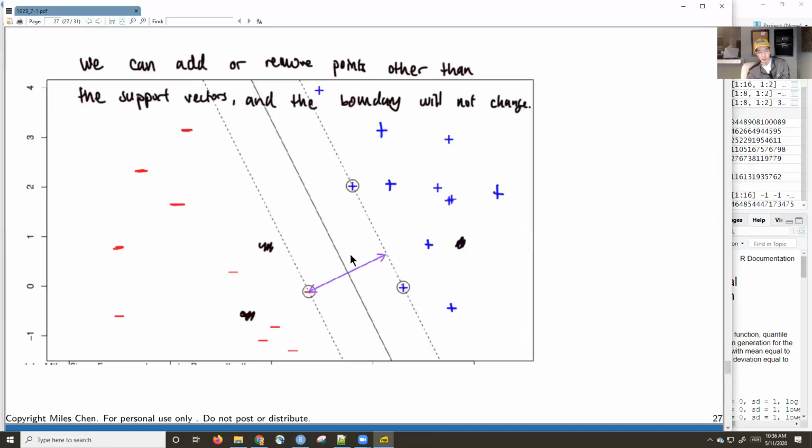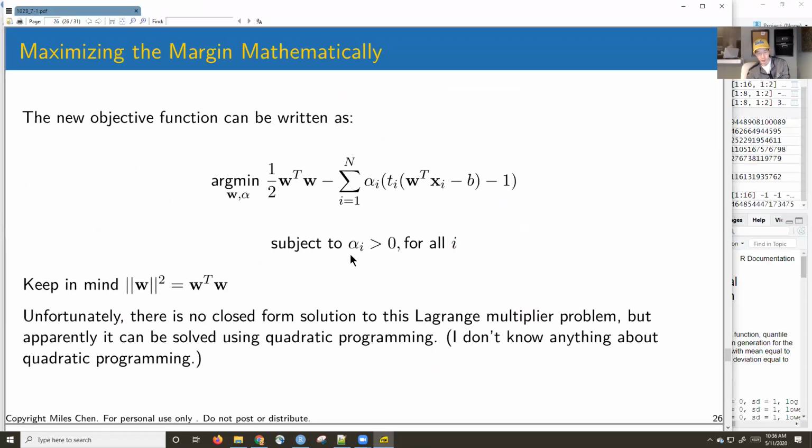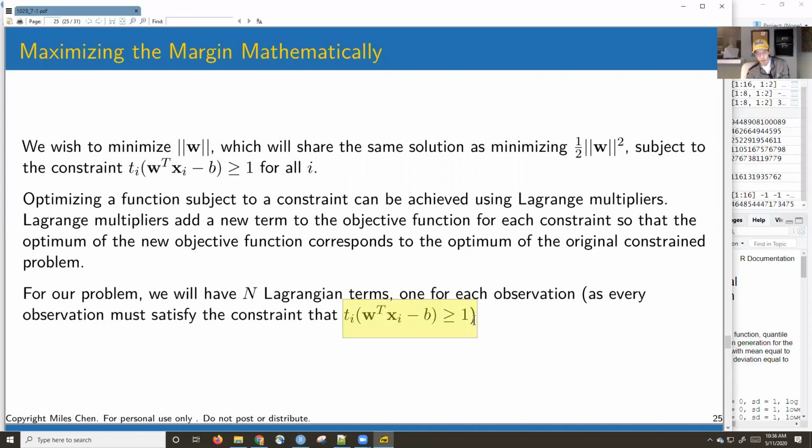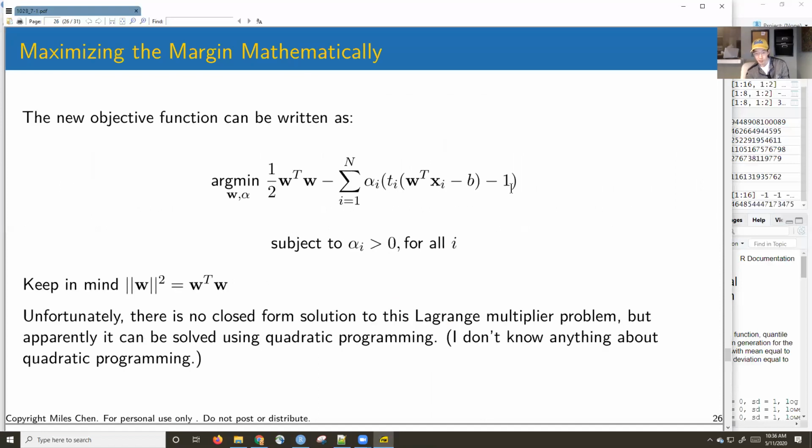So the hard margin says this constraint has to be true, because we're going to say that the closest points are going to be labeled +1 and -1. And then with the soft margin, we're saying this has to be true, and we're going to take this multiplied by a and minimize this.